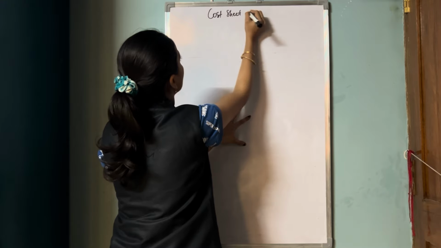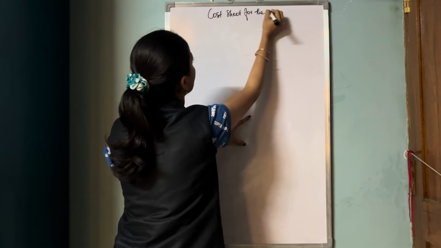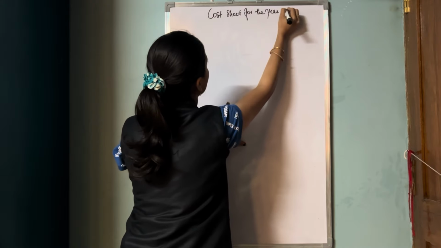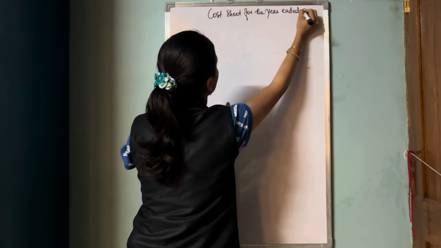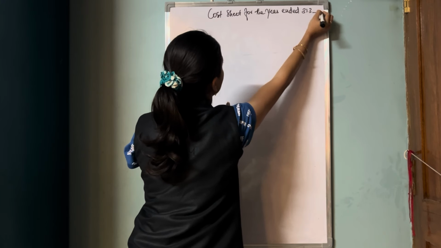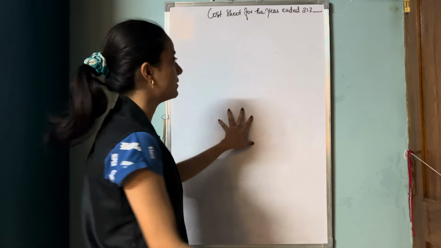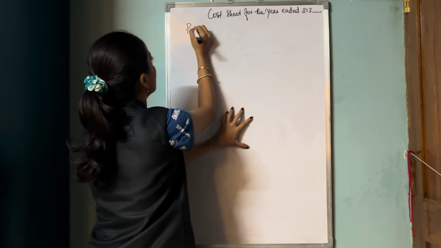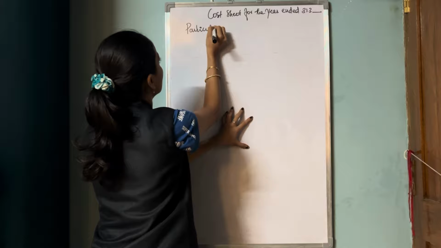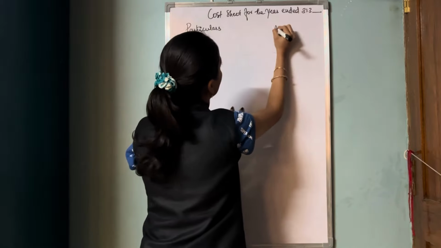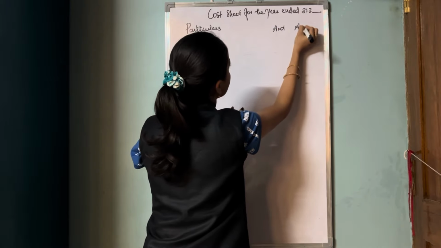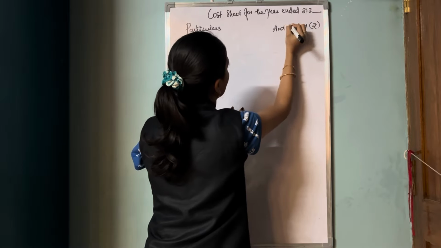Heading: cost sheet for the year ended 31st March, whatever is the year, fine. Particulars and amount column.